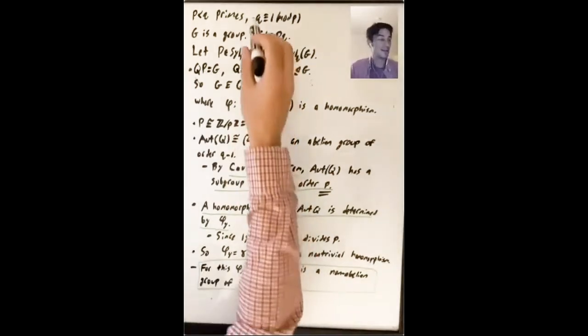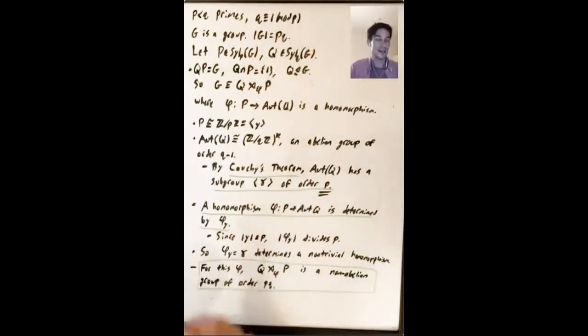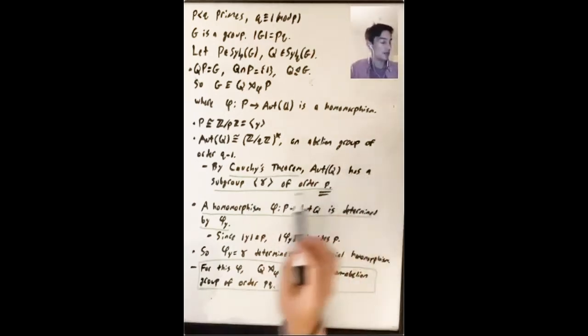We know that Q is isomorphic to Z mod qZ, so the automorphism group of Q is isomorphic to the automorphism group of Z mod qZ, which is (Z mod qZ) star, an abelian group of order q minus 1. And what do we know about q minus 1? Since q is 1 mod p, p divides q minus 1. So by Cauchy's theorem, the automorphism group of Q has a subgroup of order p.